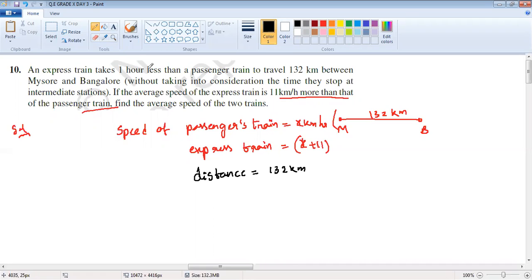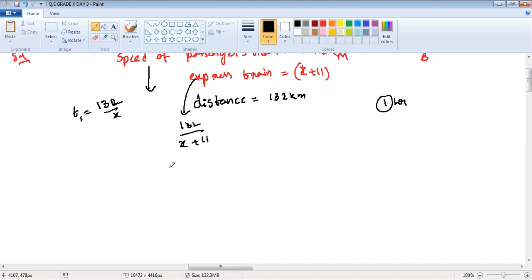So they are taking 1 hour less. So the time taken by the passenger train, T1, you will write as 132 by x. The time taken by the express train, we will take as 132 by x plus 11. The difference is 1 hour. Now, how to take it? Total time is T1 minus T2 or T2 minus T1?